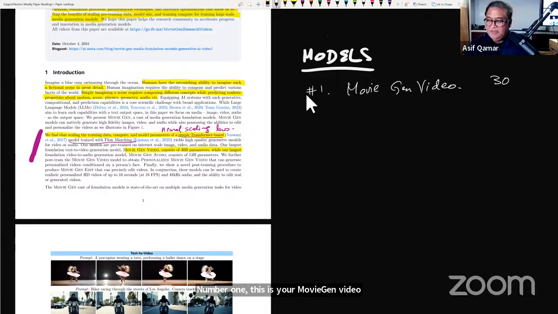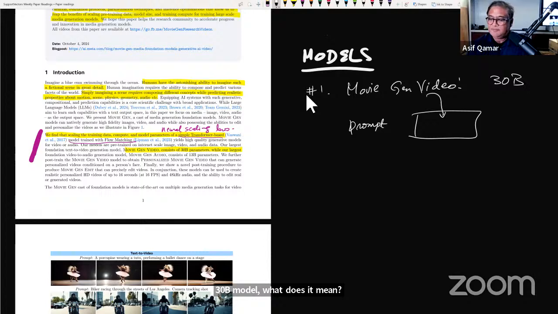This is a 30 billion parameter model, 30B model. What does it mean? Give it a prompt to this model, and out will come a video, right?